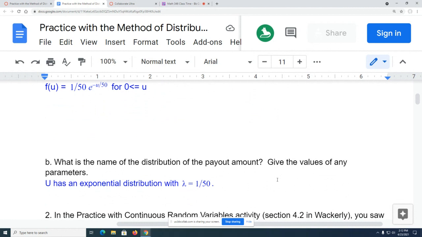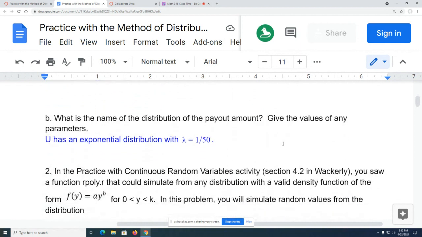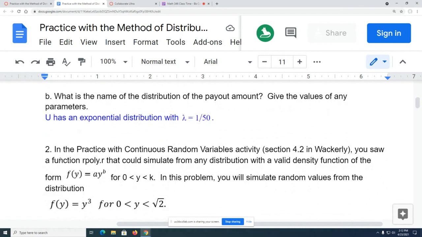All right. So our next problem gives us a bit of a callback to an activity we did in class a few weeks ago in the practice with continuous random variables activity. I gave you a piece of R code that could simulate from the density function a times y to the b for y between 0 and k.